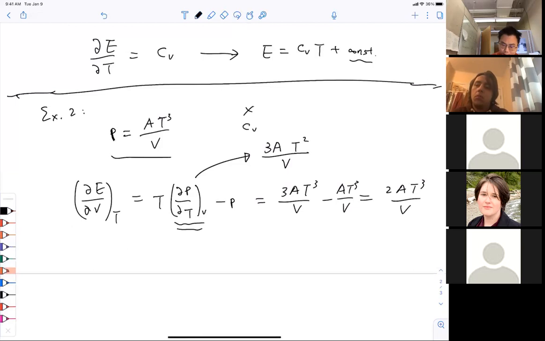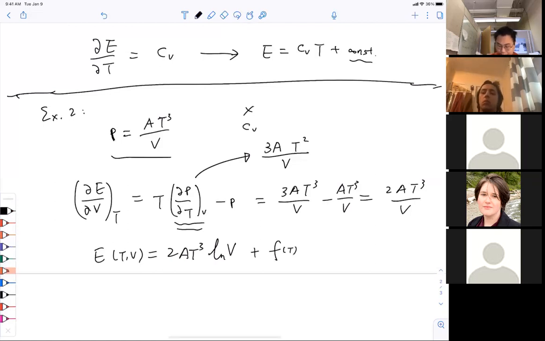If we do an integral over the volume, we get 2A T cubed log V plus some f(T).